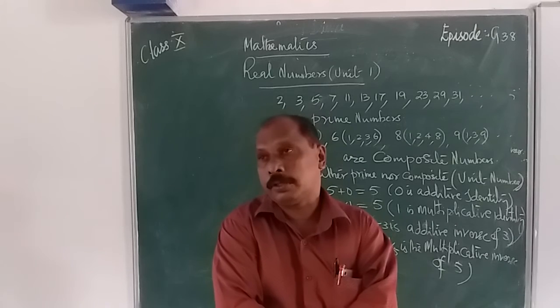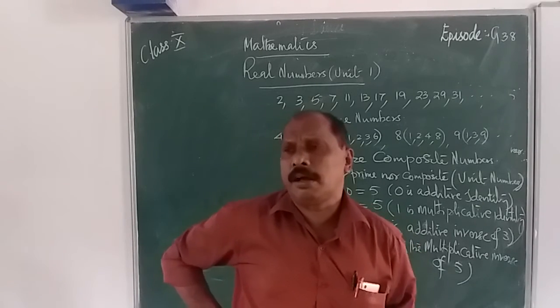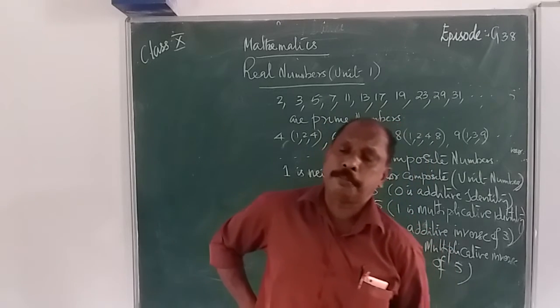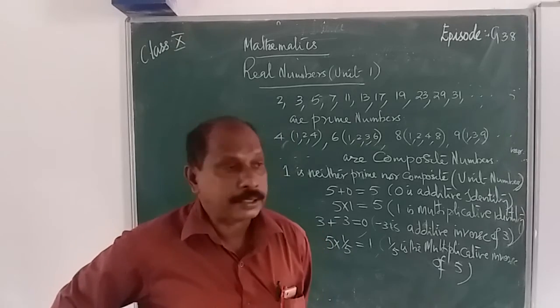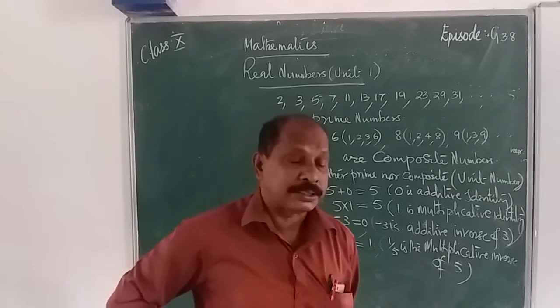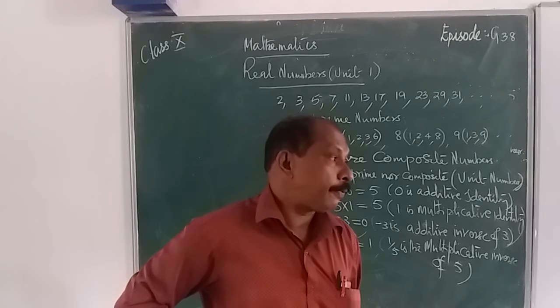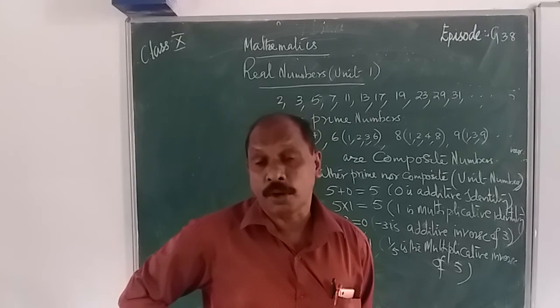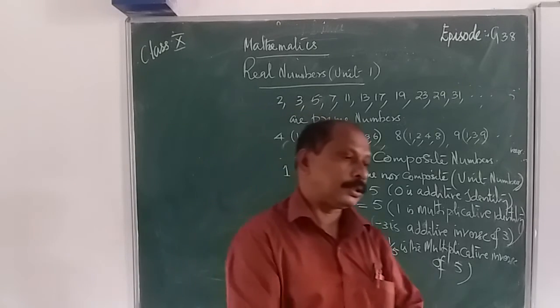The notation for that is Z. Out of these integers, 1, 2, 3, etc., are natural numbers or counting numbers, capital N. In the natural numbers, 1, 3, 5, 7, etc., are odd numbers, and 2, 4, 6, etc., are even numbers. The set of natural numbers together with 0, that is 0, 1, 2, 3, etc., is known as the set of whole numbers. The notation is W.